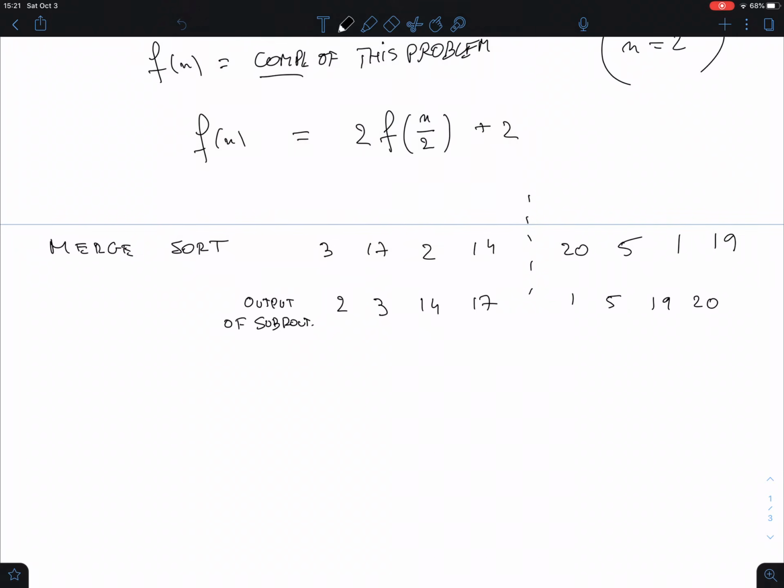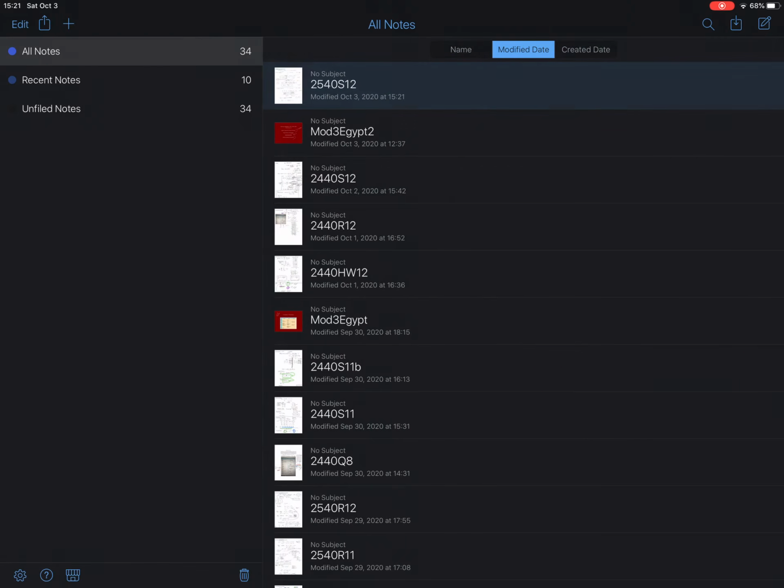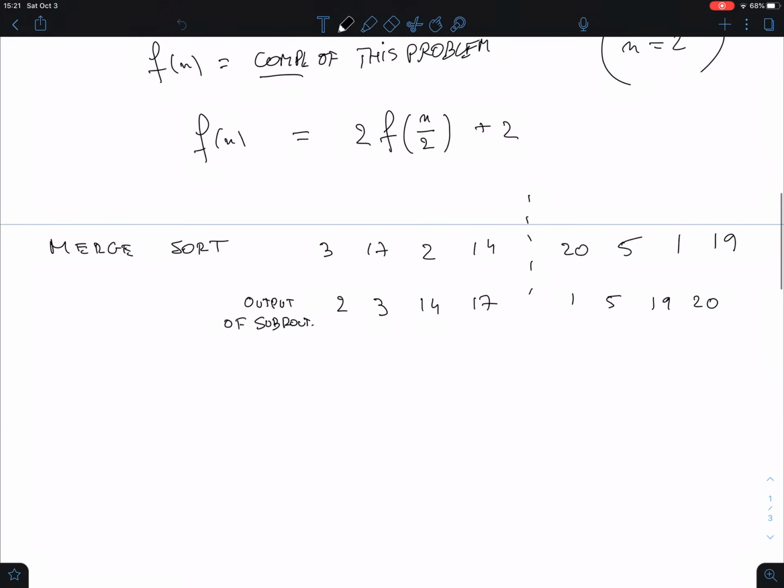What is going on with my... Is it perhaps my pen is slow again? Sorry. So let me already describe what I'm going to do. I'm waiting a little bit for my stylus to charge, but I don't think it's that.